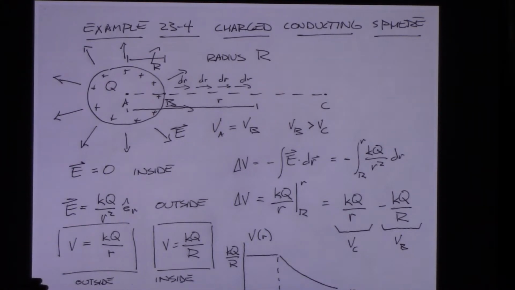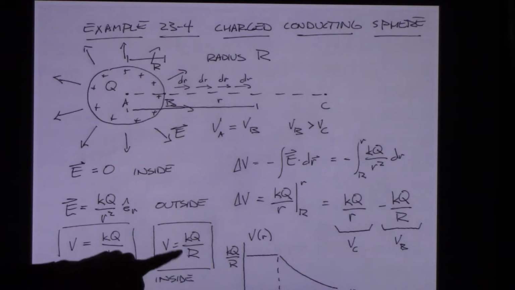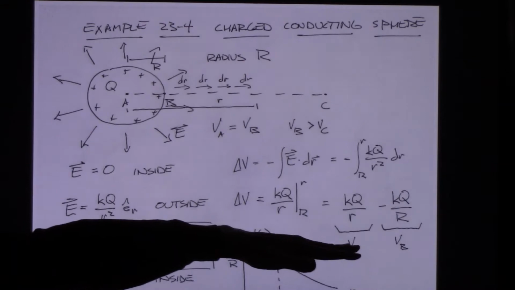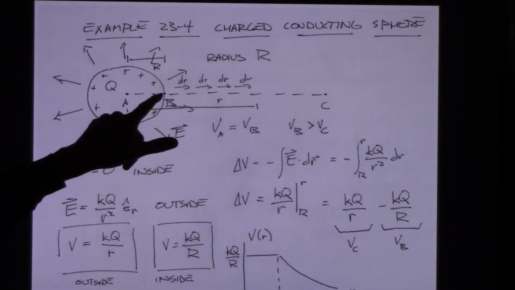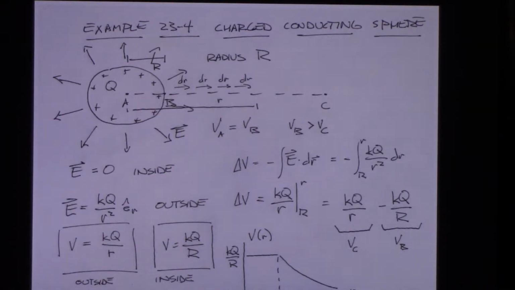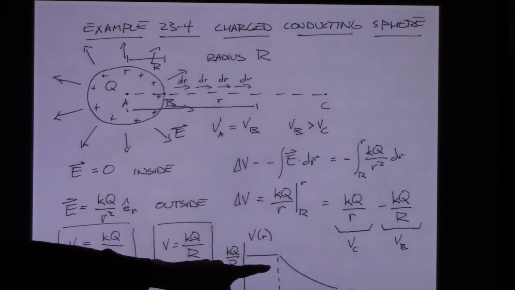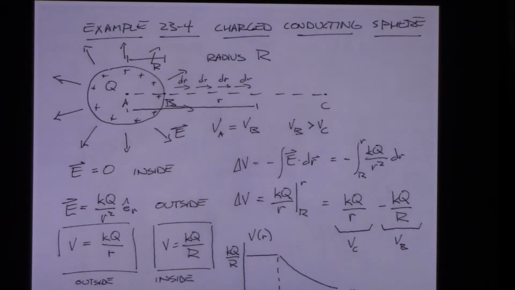So that tells us that outside the potential is kq over r. Sorry. At the surface, let's do the surface first. At the surface, kq over R is going to tell me what the potential has accumulated to. And then since there's no E field inside, that kq over R stays fixed.